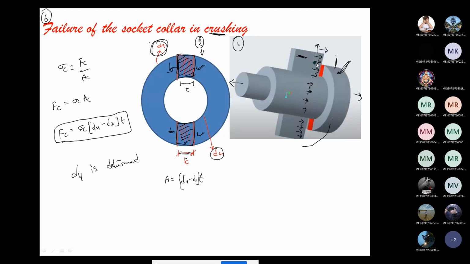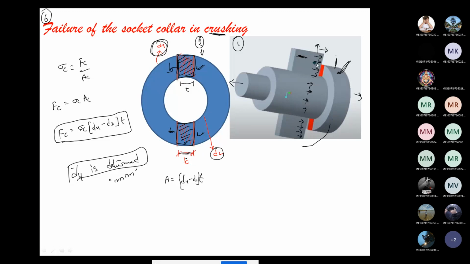What is D2? D2 is the spigot diameter, because in this hole of D2 only the spigot is going to be inserted. It means the inner diameter of the socket and the outer diameter of the spigot are both equal, right? So D4 is determined in mm.